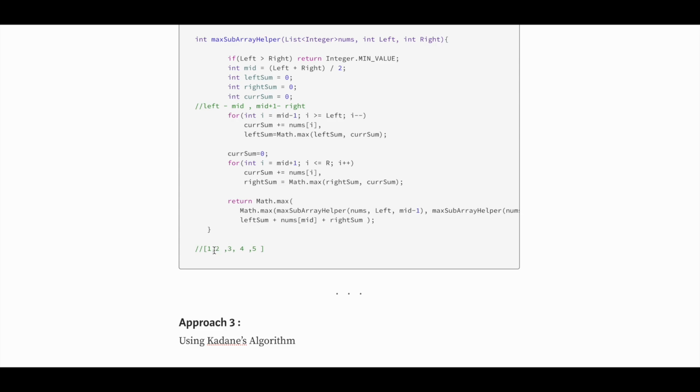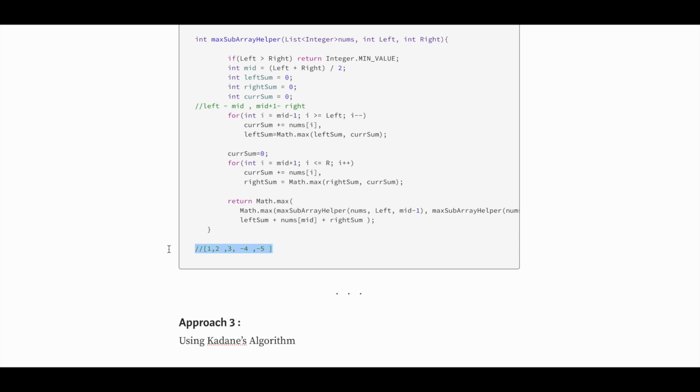If your maximum sum is lying on the right-hand side, this one will give your answer. And vice versa, if it is lying on the left-hand side, this will give the answer. That is why we are making the recursive calls here.